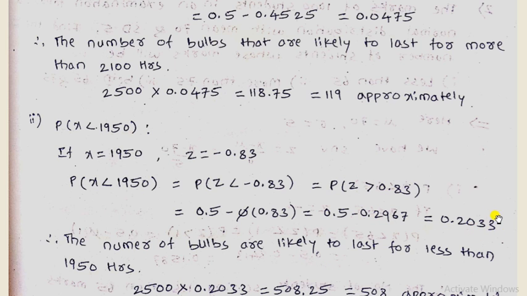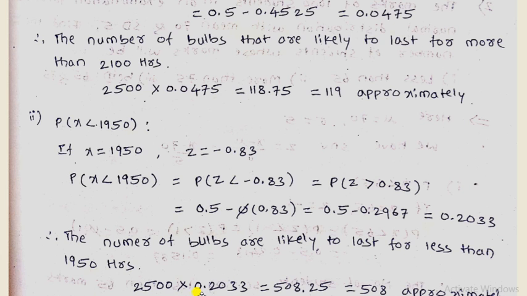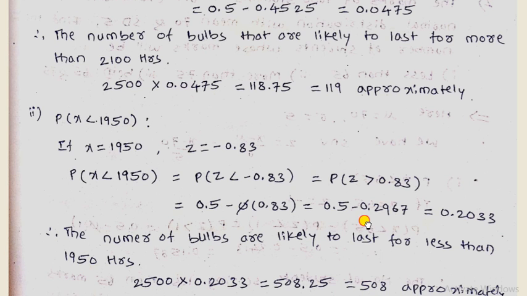So again multiply this result with the total number of bulbs, 2500 into 0.2033, which gives 500.8 approximately.